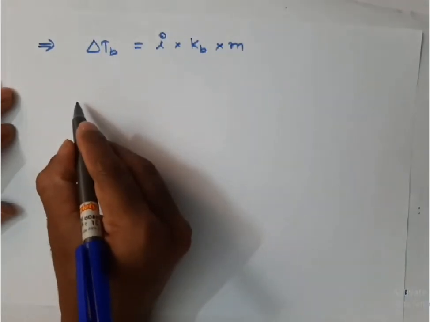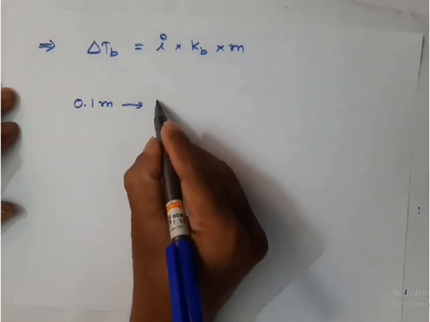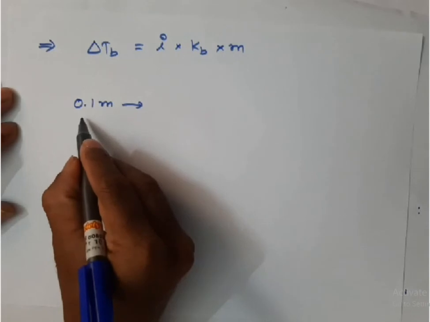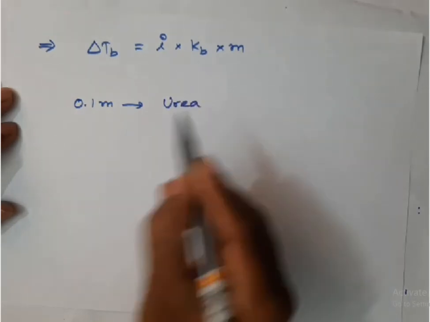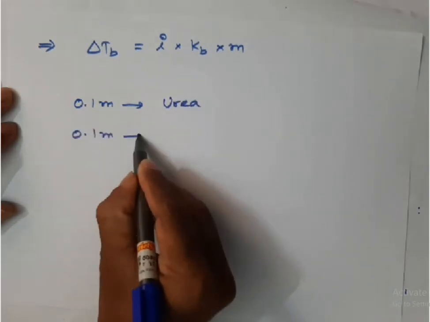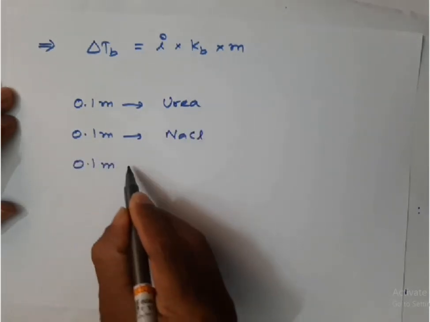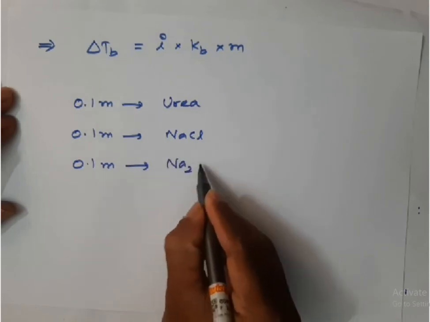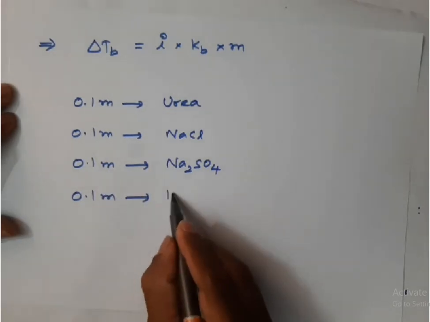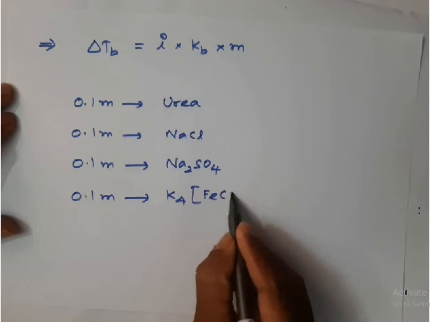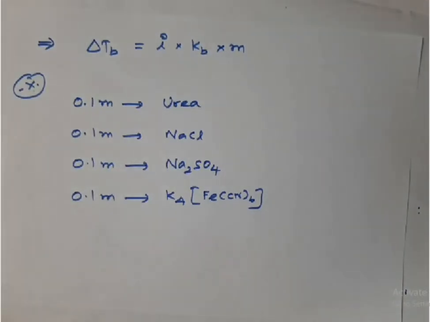For example, a 0.1 molal aqueous solution of urea, a 0.1 molal aqueous solution of sodium chloride, a 0.1 molal aqueous solution of sodium sulfate, Na2SO4, and a 0.1 molal aqueous solution of K4[Fe(CN)6]. Students, observe this. A very important question, often expected in competitive examinations.